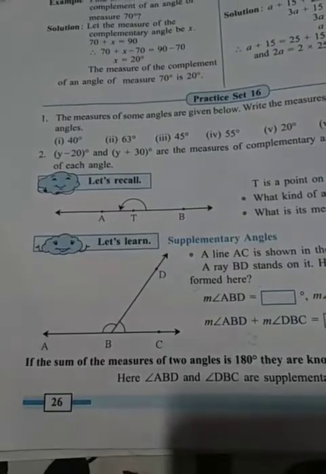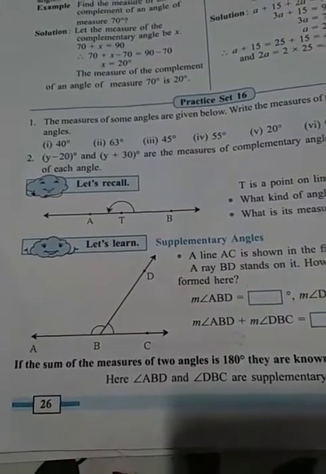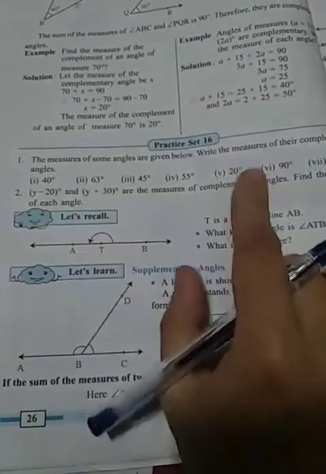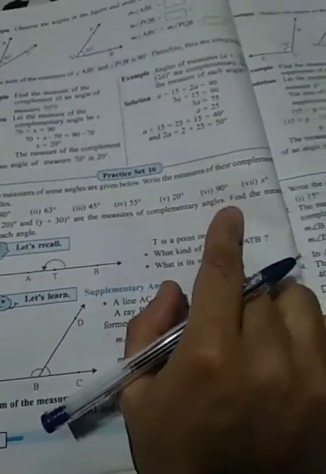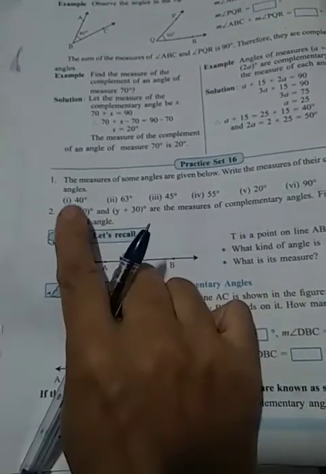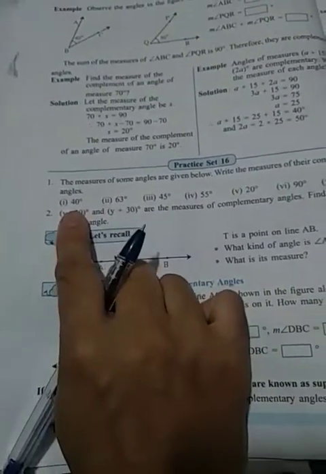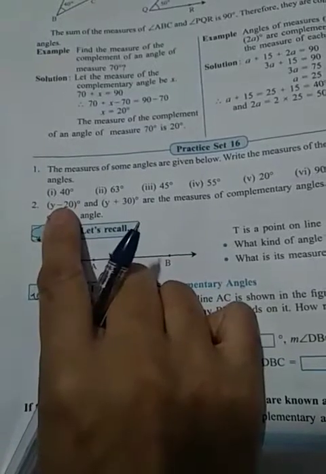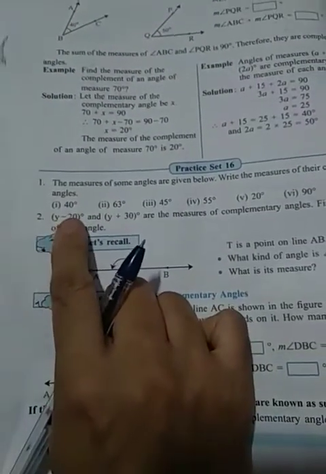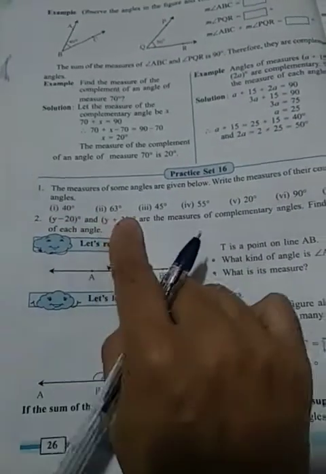y minus 20 degrees and y plus 30 degrees are the measures of complementary angles. Find the measures of each angle. What we have to find? We have to find each angle. The angle measures are not given directly; it is only given that y minus 20 and y plus 30 are the measures of the complementary angles.